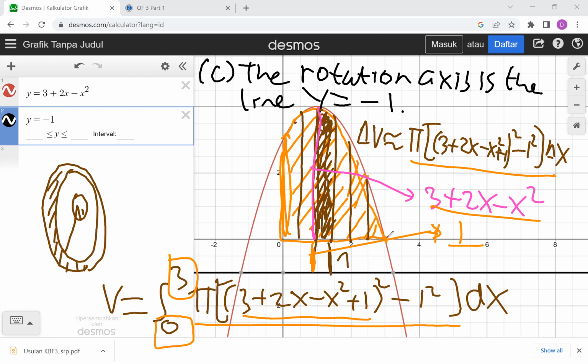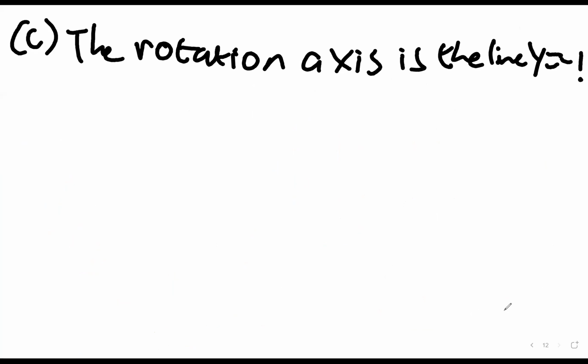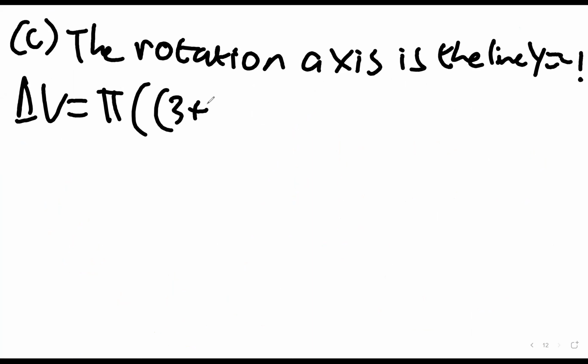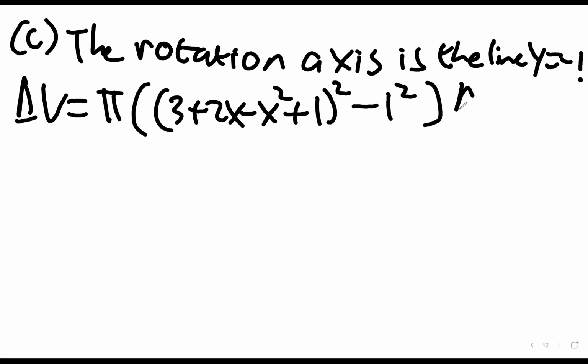Okay, I will repeat it on the whiteboard. So in this case, delta V is approximately pi multiplied by (3 plus 2x minus x squared plus 1) squared minus 1 squared, delta x.